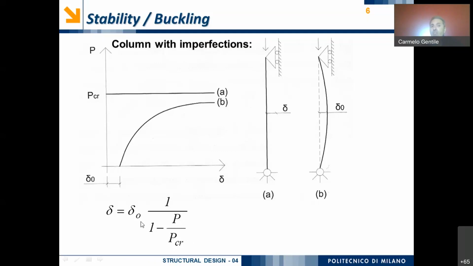And so it can be expressed as delta zero times 1 over 1 minus P over the critical load. But of course, I'm referring now to an industrial column, but with an ideal elastic behavior.